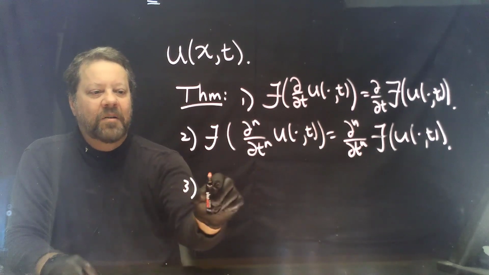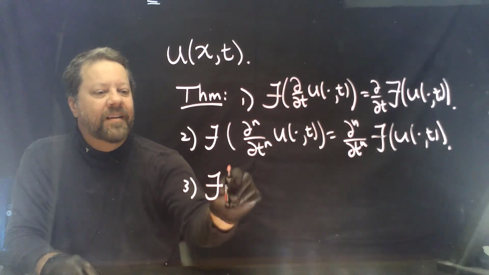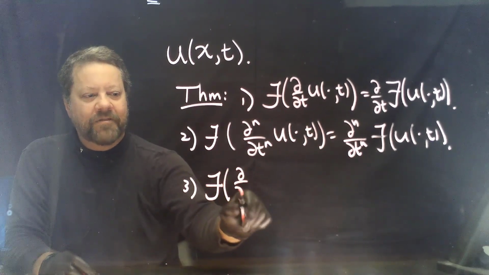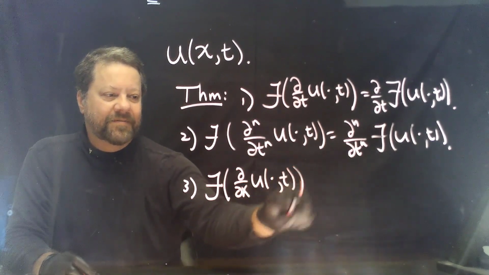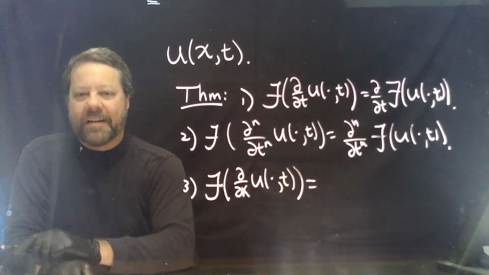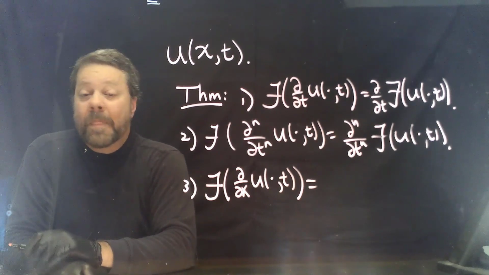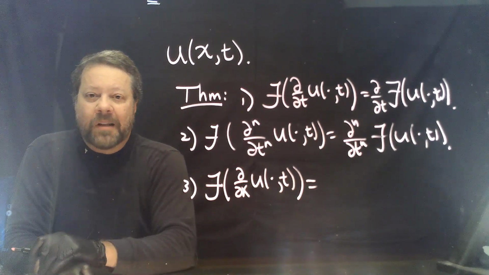What's even more important is consideration of what happens when we take the derivative with respect to x. How does that affect the Fourier transform? Does it work like the Laplace transform?